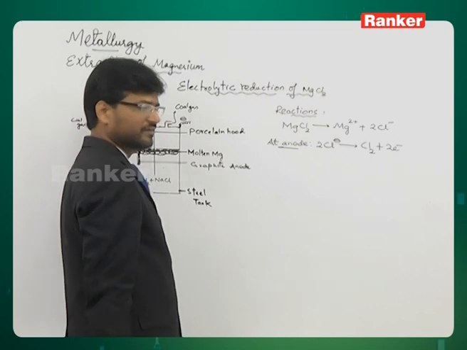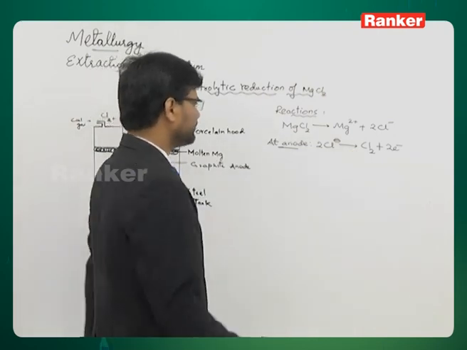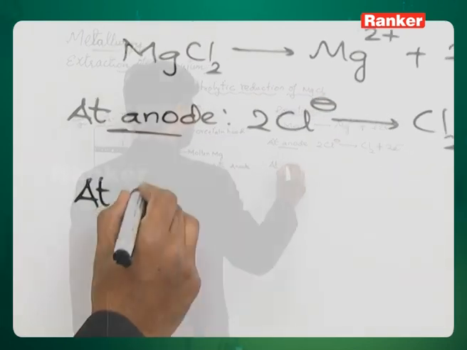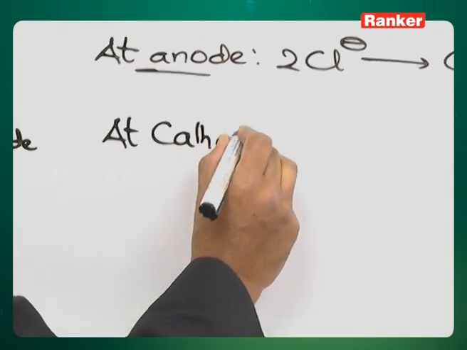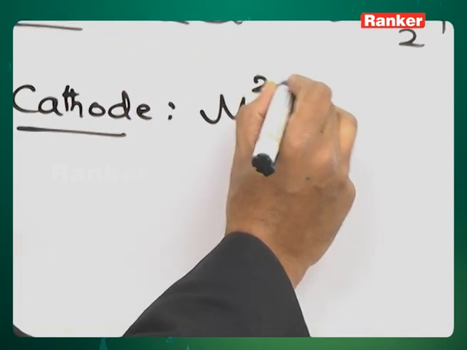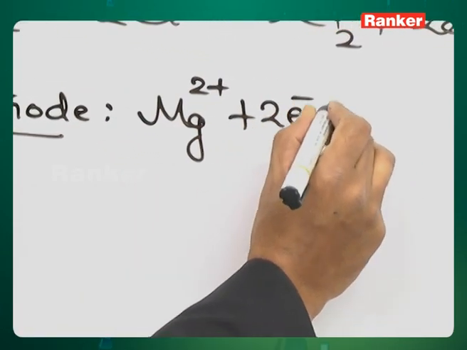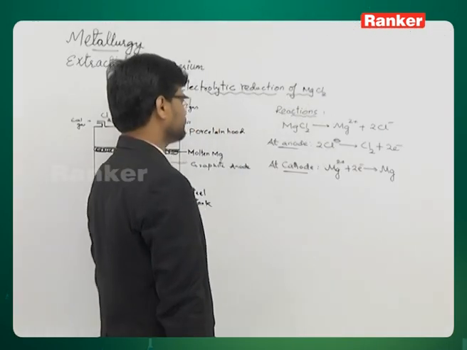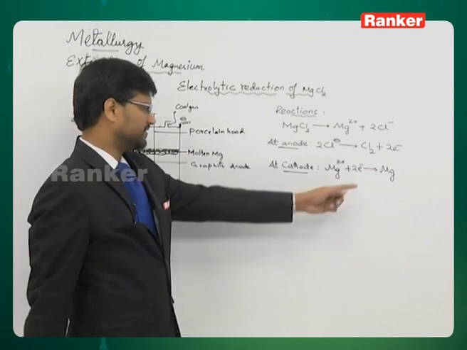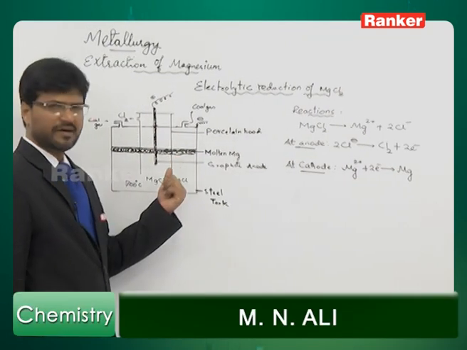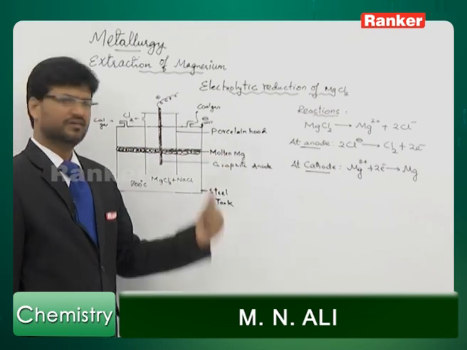It becomes chlorine. It comes out through the outlet provided on the hood, and then at cathode, Mg2+ picks up 2 electrons and forms magnesium. This is the reaction which takes place at cathode. Magnesium is formed at cathode, and it rises above and forms the upper layer.